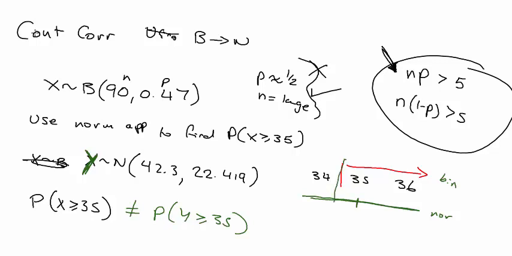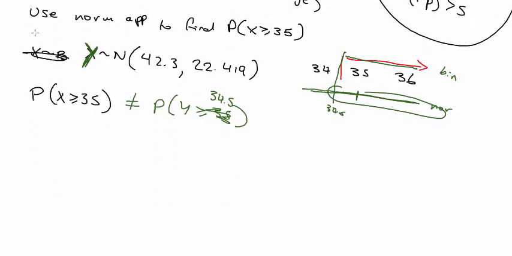Can you see the halfway line is 34.5? So in the binomial we wanted the 35, but for the normal it's actually 34.5 which we want here. That's how you do the continuity correction for that one. Just check this answer with me once, and then I'm going to show you how to do all the rest of them.